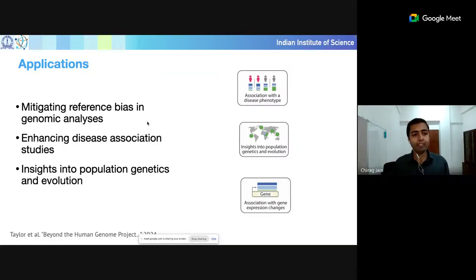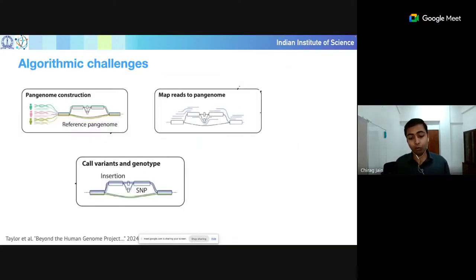Addressing these applications is also not easy because pangenome graphs are more complex compared to the string-based representation, so there are a number of algorithmic challenges. For example, building the pangenome graph itself is not easy. You have very long sequences coming from a large number of individuals, and determining how to construct an appropriate graph such that the common sequences are collapsed into a single vertex, and you can spell the individual haplotypes as a path in the graph, is not an easy problem to solve.